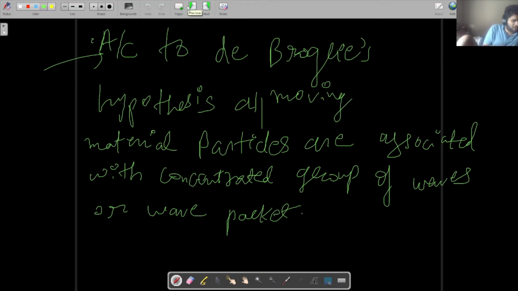Such matter waves will also be described in terms of a wave function.